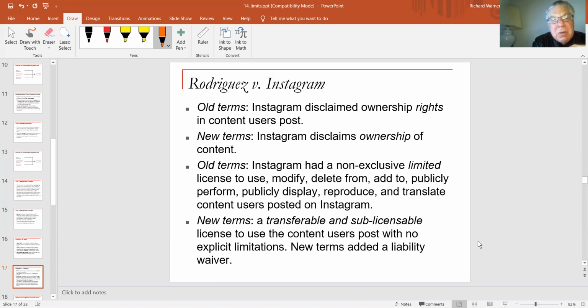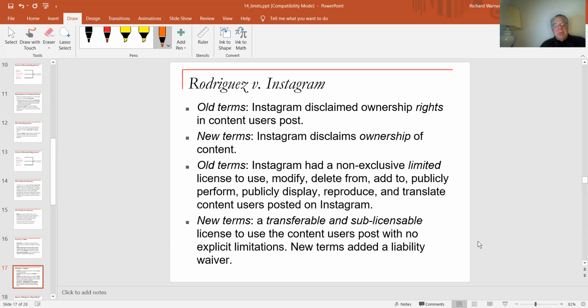So let's take a look at Rodriguez versus Instagram, and just to give you advance notice, this case is decided in the opposite way from Beatty, despite what look like facts that go along with Beatty and are even more decisive than Beatty, because the contract in this case is not ambiguous. You read it and you say no reasonable person reading that contract would think that Instagram was going to make the changes it makes. So let's get the facts out.